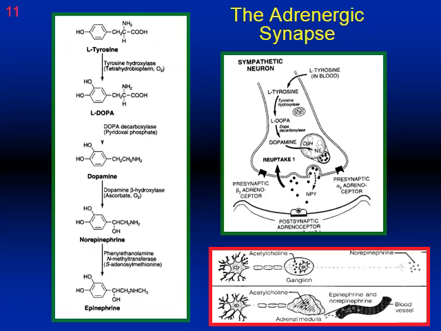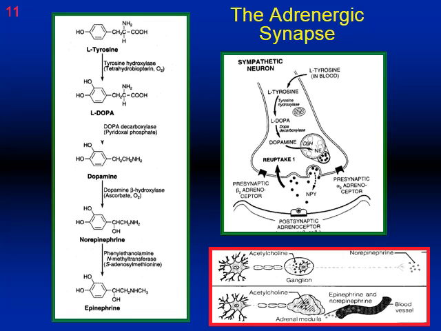So this is called ethanolamine because it kind of looks like ethanol, but there's an amine. And this is called a phenyl because it's a phenyl. So phenylethanolamine N-methyltransferase puts on a methyl group.